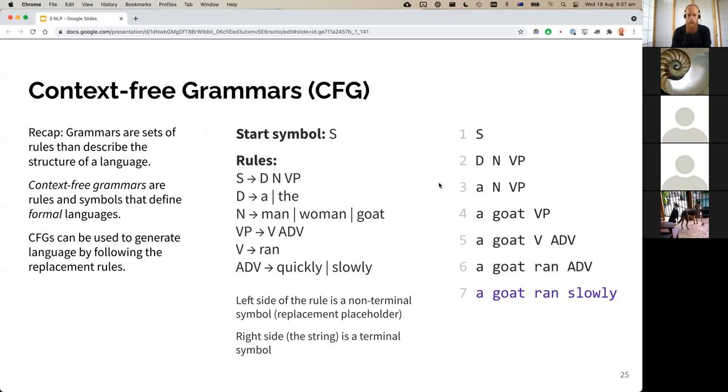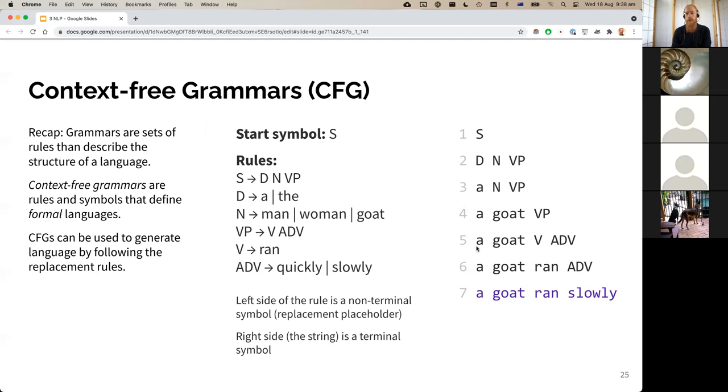So we'll replace the D with one of our terminal symbols, A or V. I've chosen A. And then we have our sequence A, and then N and VP. We perform that again. Do we have any rules for N? And yes, we have a rule that says N can be represented by man, woman, or goat. And so we swap that out.